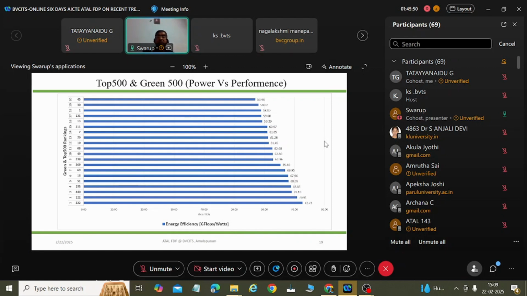Okay. So if you have any doubts, please let me know. Participants, if you have any doubts regarding the Top500 and Green500 supercomputer green computing aspects, if anyone has any clarification, directly ask Swarup sir.